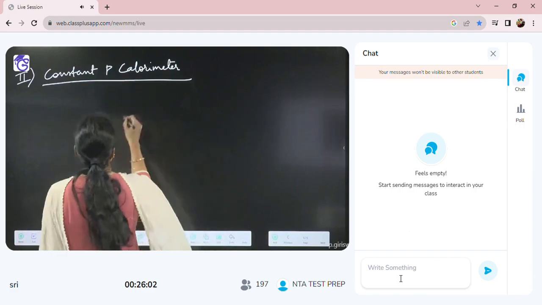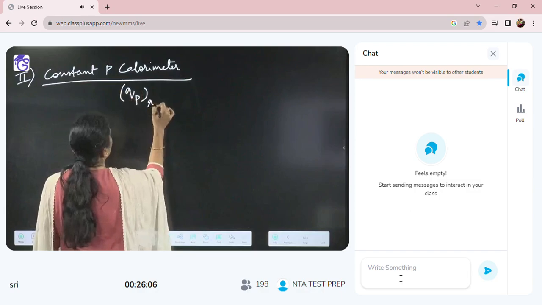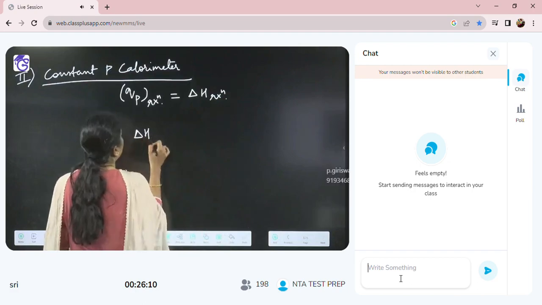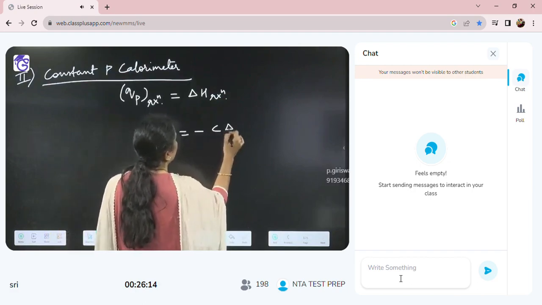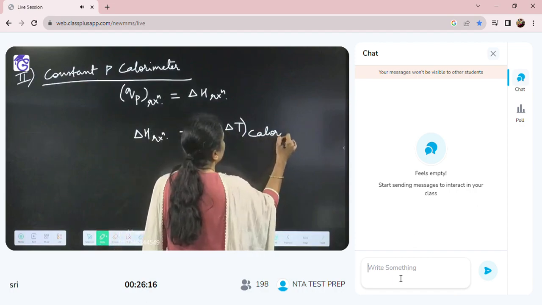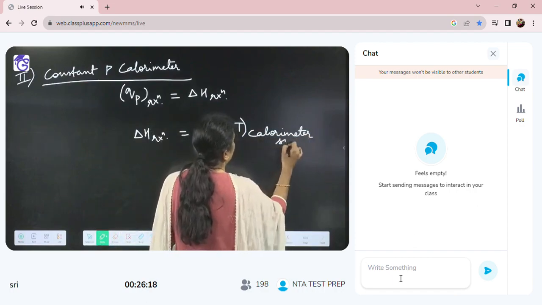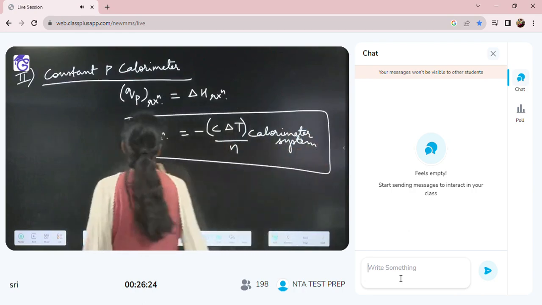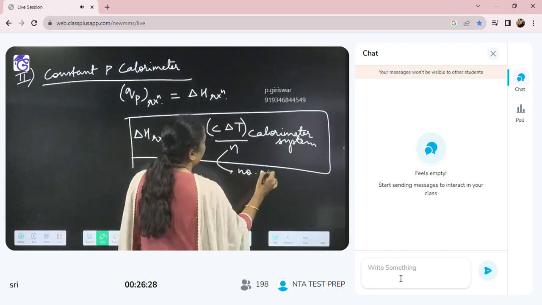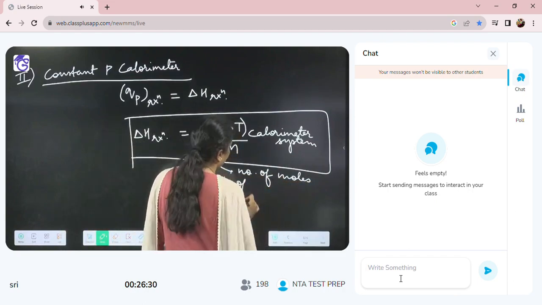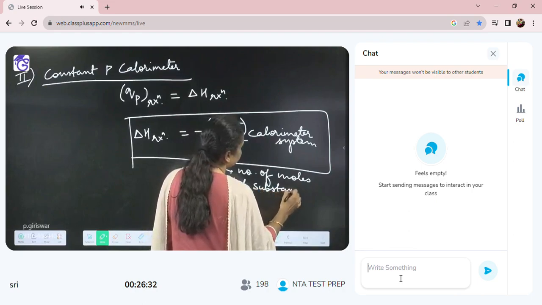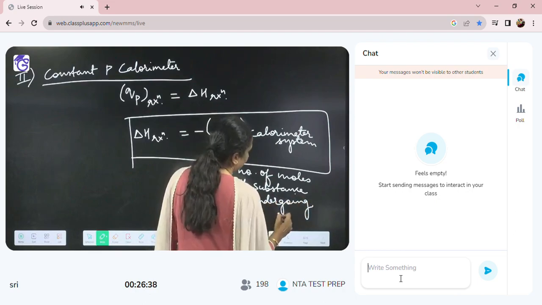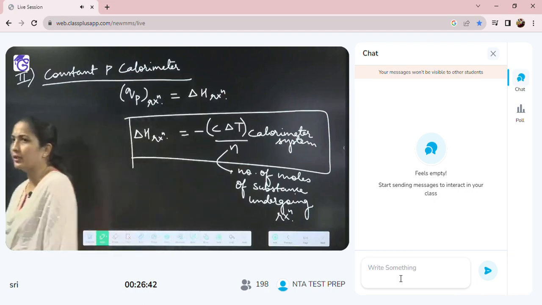So here we are going to write down whatever is the heat exchange at constant pressure in any reaction, that is known as delta H for the reaction, and delta H for the reaction is equal to minus C delta T, and this is for the calorimeter system, upon N. Right? Again, N is number of moles of substance undergoing reaction, and that reaction could be any reaction, be it combustion or anything else.